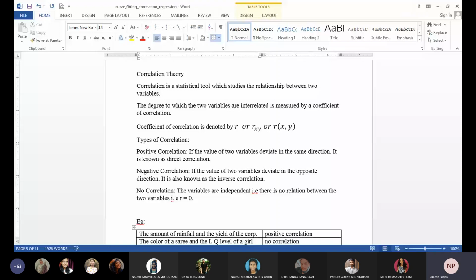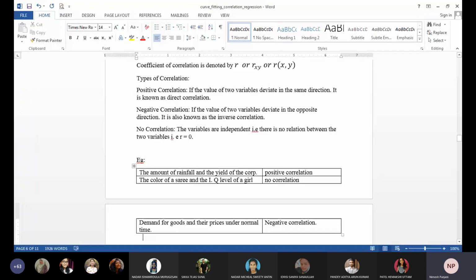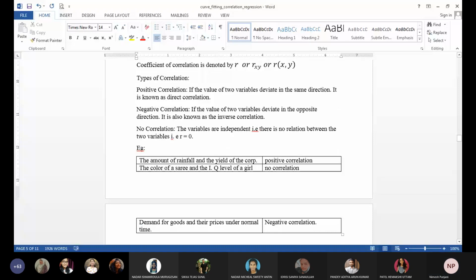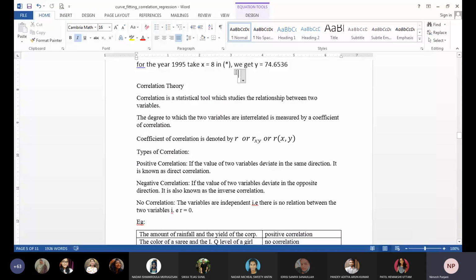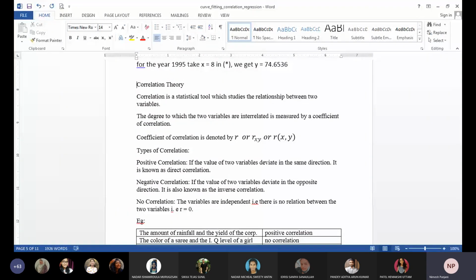An example of no correlation is the length of the hair and the IQ level. There is no correlation between the length of the hair and the IQ level of a person.